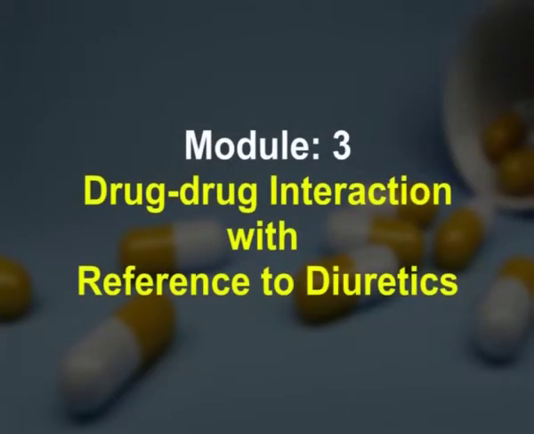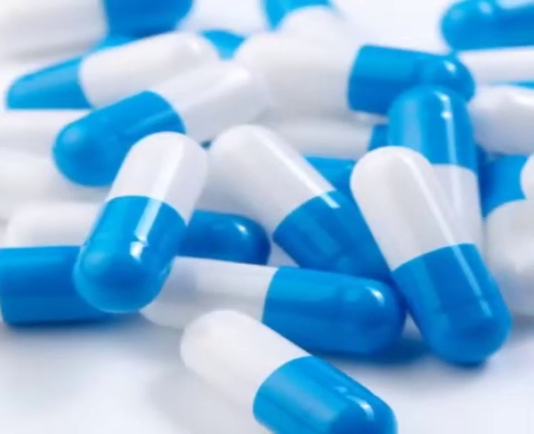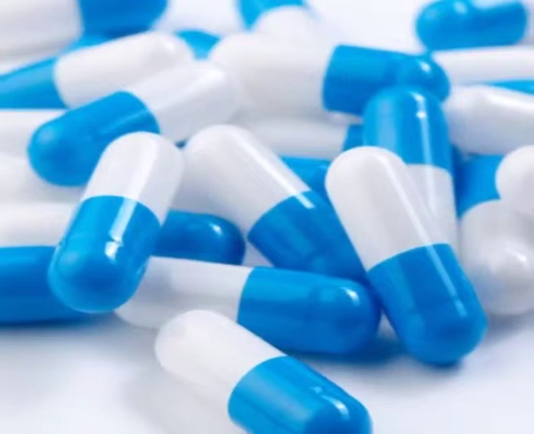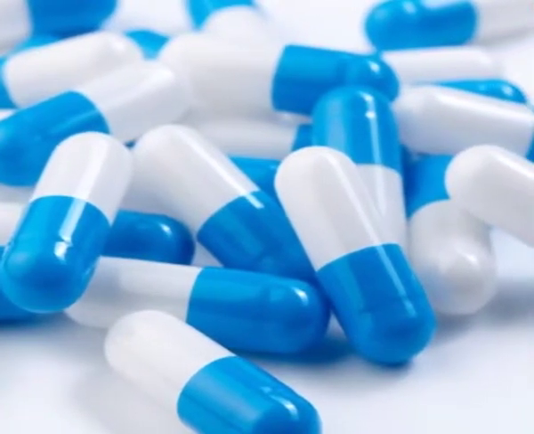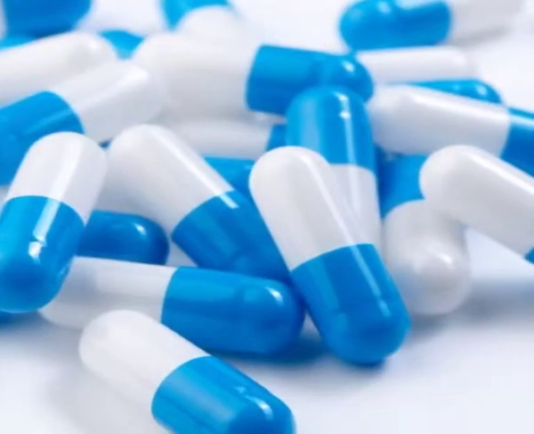Now we move ahead to our next modules that are about drug-drug interaction with reference to diuretics and antibiotics. Module 3: drug-drug interaction with reference to diuretics. Diuretics, that is natriuretics, are drugs which cause a net loss of sodium ion and water in urine.